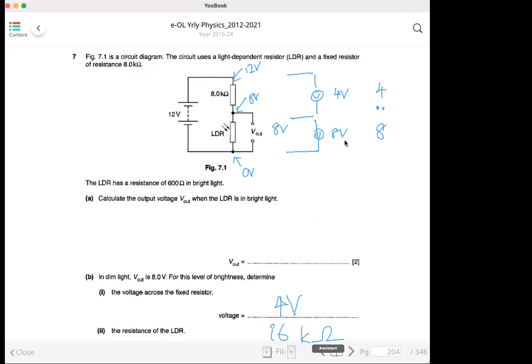So the ratio 8:16 will be the same as 4:8. Understand? So the 4:8 will be the same as 8 kilo ohm is to 16 kilo ohm. These two ratios have to be the same. Okay, 4:8 volt is always the same as 8 kilo ohm to 16 kilo ohm. Understand?